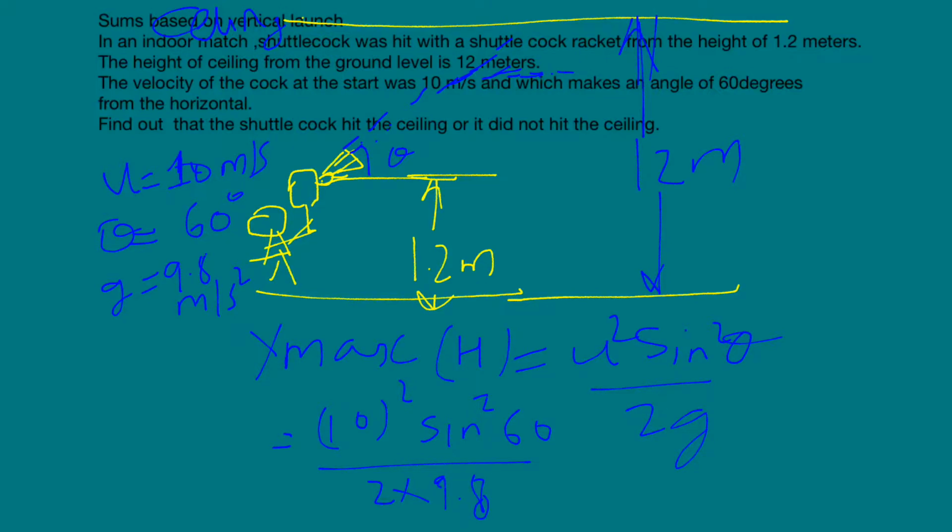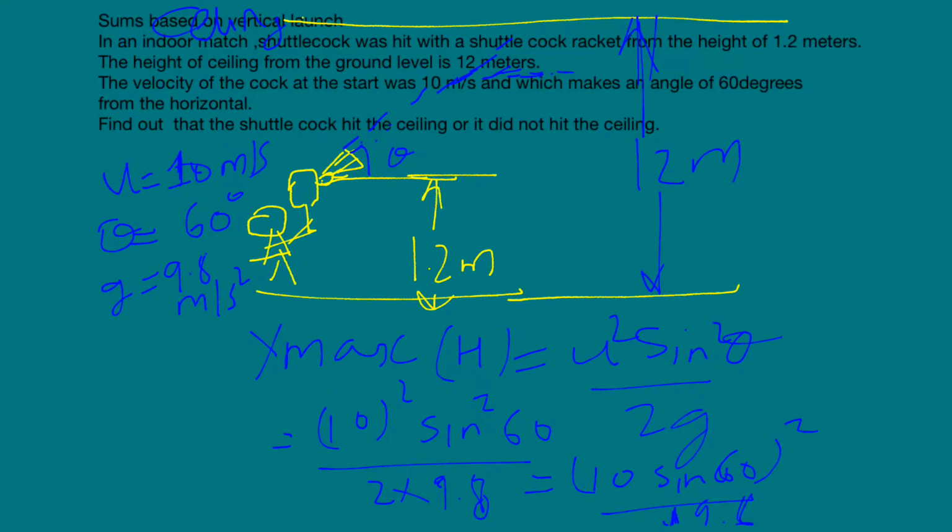So we can write this as the whole square of 10 sine 60, upon 2 into 9.8, which is 19.6.